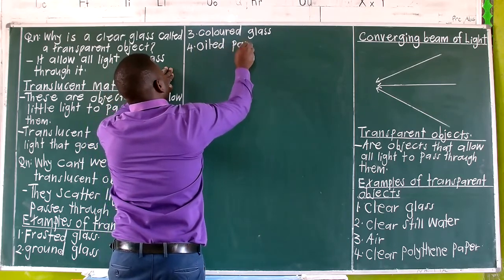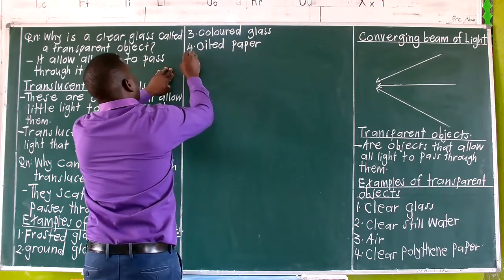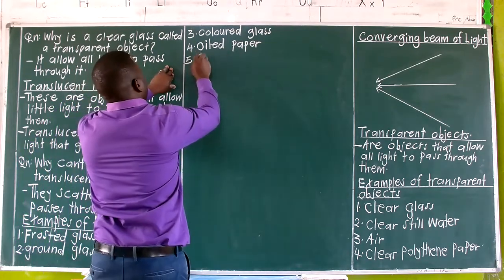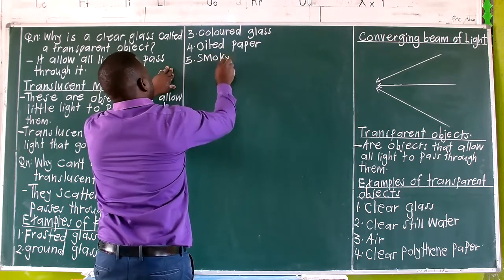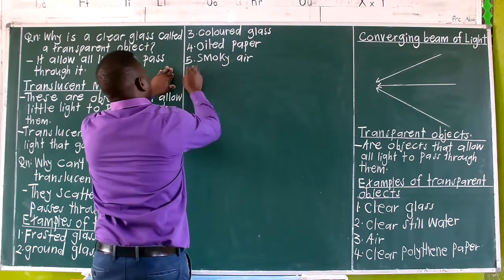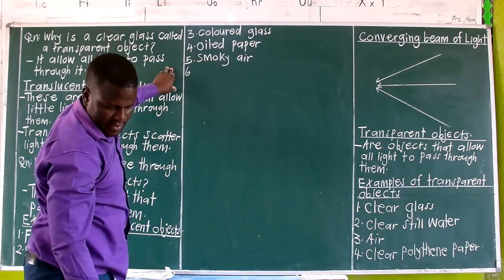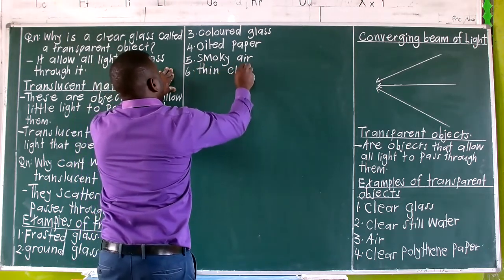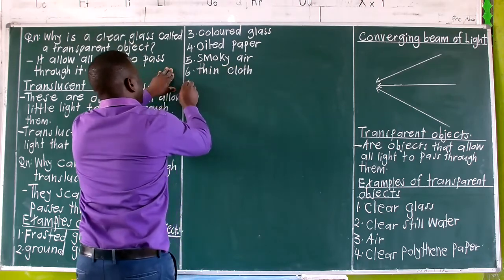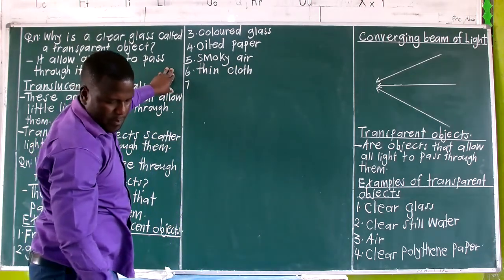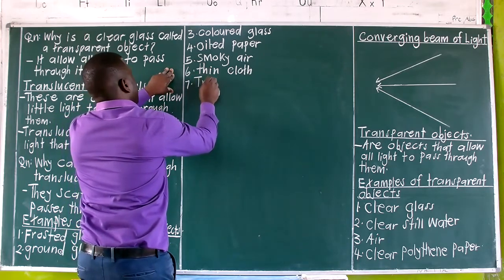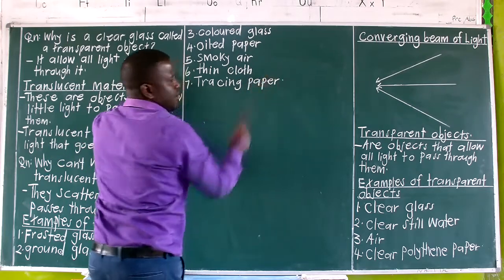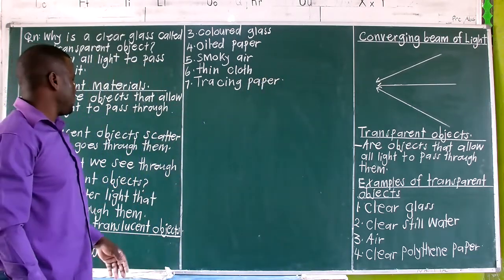Number 5, smoky air. Number 6, thin cloth. Number 7, tracing paper. These are examples of translucent objects.